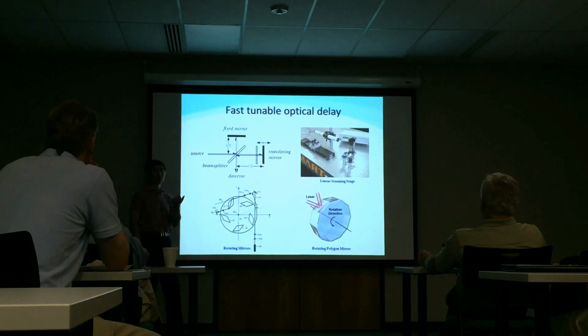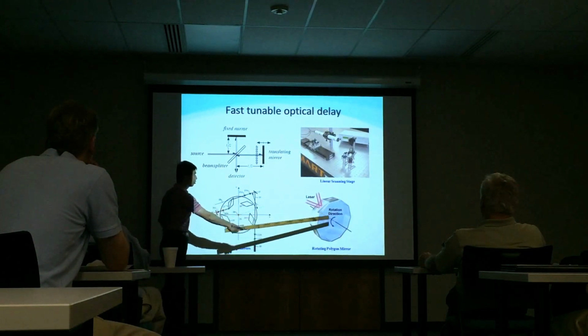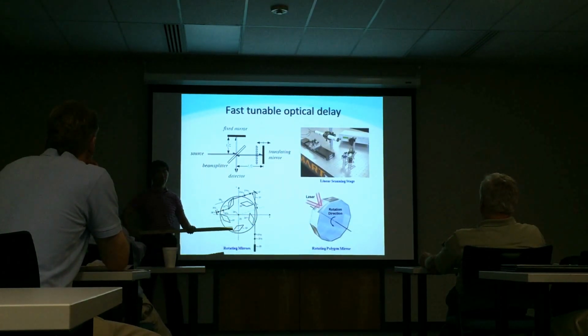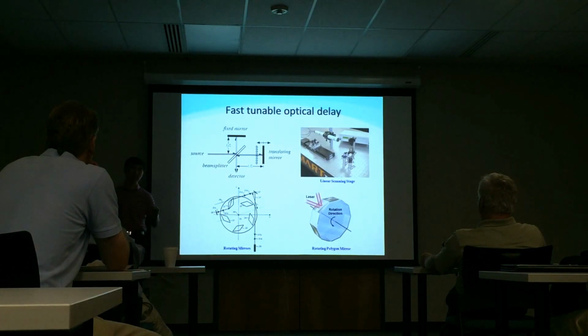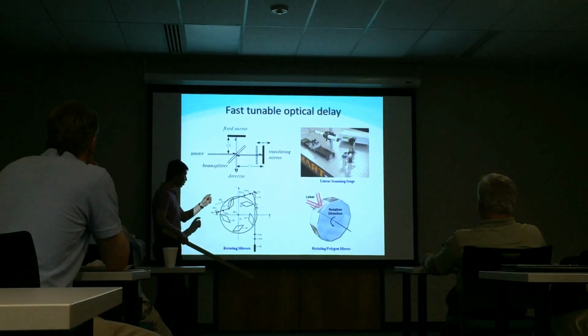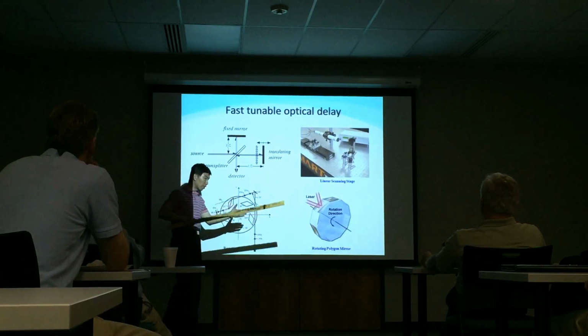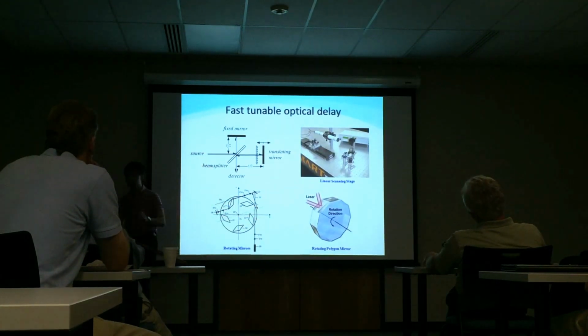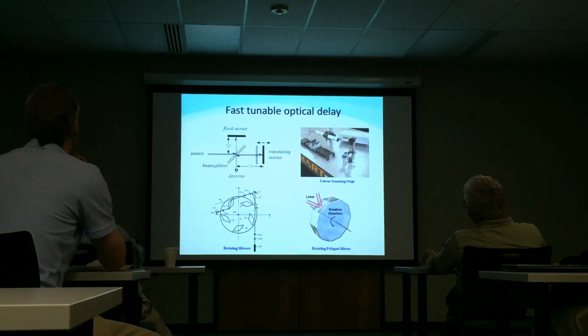The higher the speed you go, the smaller scan depth you can go. Right? So, for example, if you turn this one up to like multi-kilohertz level, you basically just have a 1 to 2 millimeter depth. There's no way you can go bigger depth, bigger range, okay, with a mechanical system.